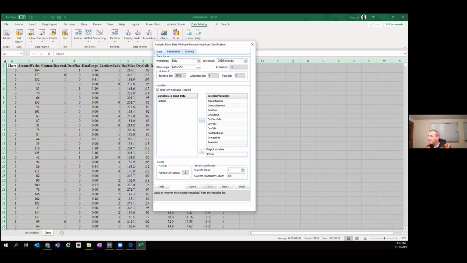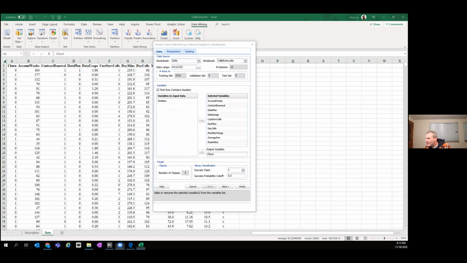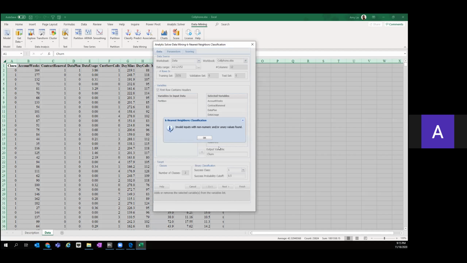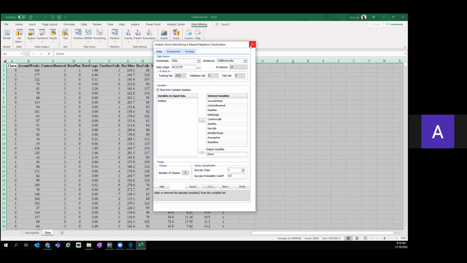We're on 13, right? It just says everything. It won't let me use partition for some reason. Invalid inputs with non-numeric. Oh, it should work now.